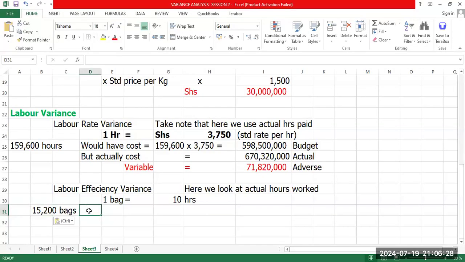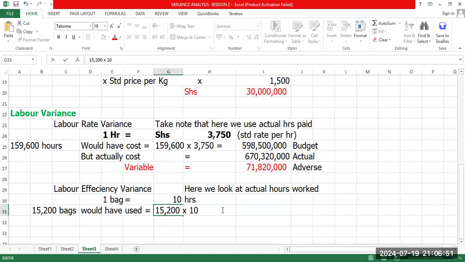So these bags would have used how many hours according to your budget? You get 15,200, you multiply by 10. And what do you get? You get 152,000. Yes. These are hours.